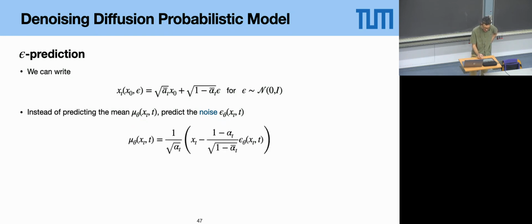What does that look like? If we plug that in here, the mean is actually given by, for these Gaussian distributions, the following expression.